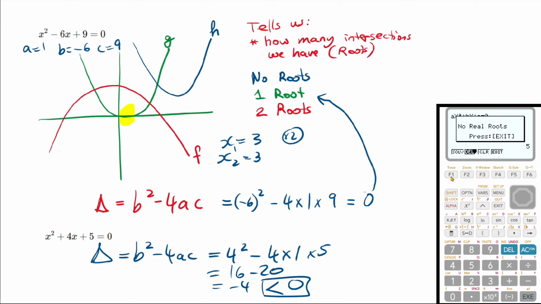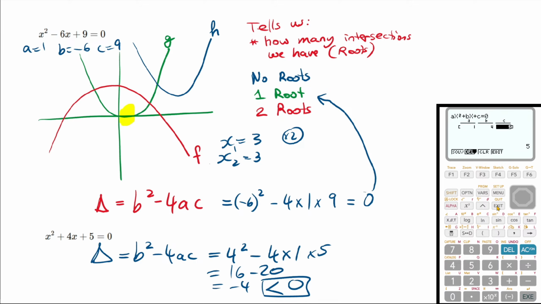Now, some of you might have your calculator set up to allow complex numbers. So for some of you, this will actually not show an error message, but the numbers that are displayed on the calculator have some weird i in it. It's on the calculator somewhere here at the bottom.